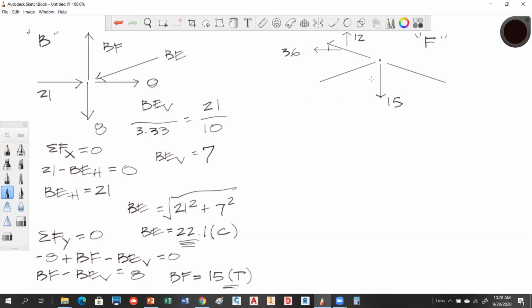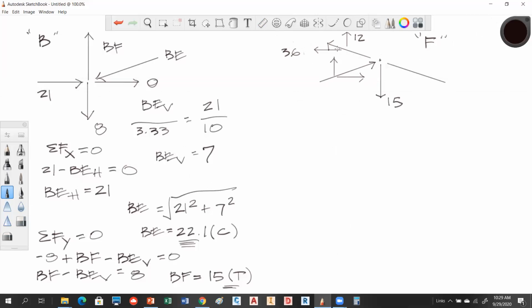Okay, so that means this guy's coming in on us, right? Like that. So again, we're going to have two components associated with this. One going up, and the other one is going to be going this way. So we've got this guy and we've got that guy.